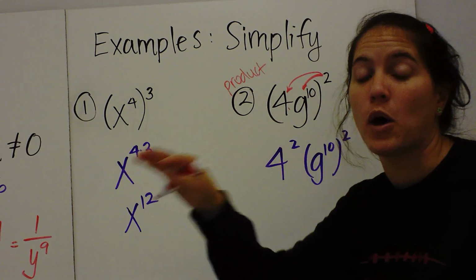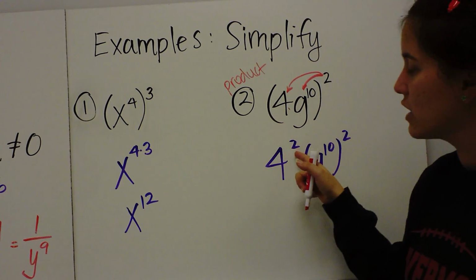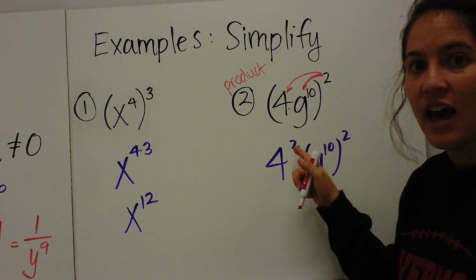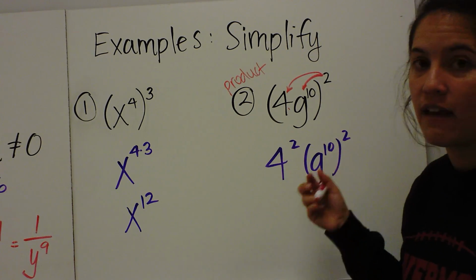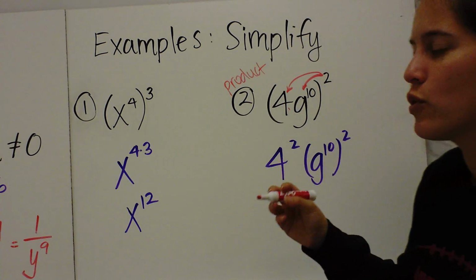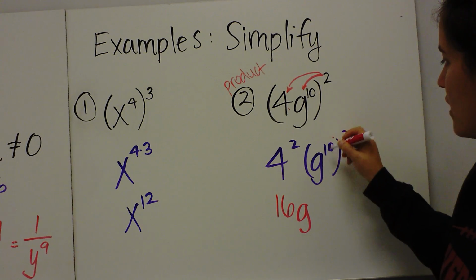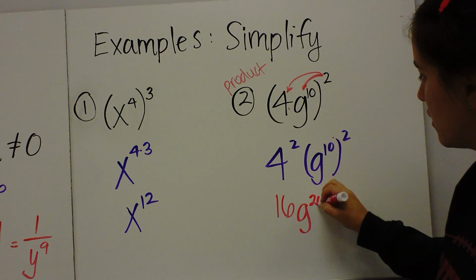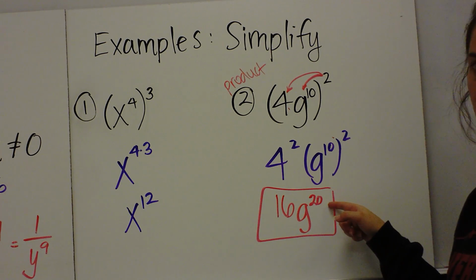The exponent has to go to both things, or however many things are in your parentheses. So I get 4 to the second power, and I get g to the 10th to the second power. And then I just simplify. 4 squared is 16. And then I multiply 10 times 2 is 20. So I get 16g to the 20th power.